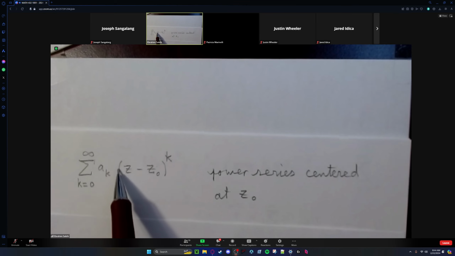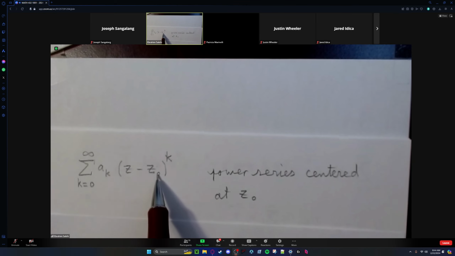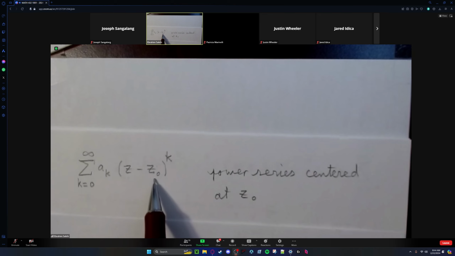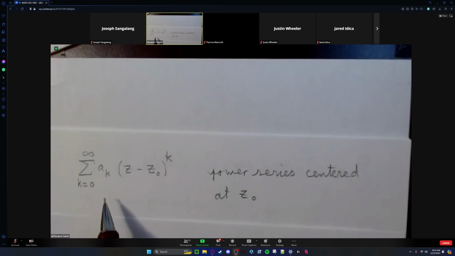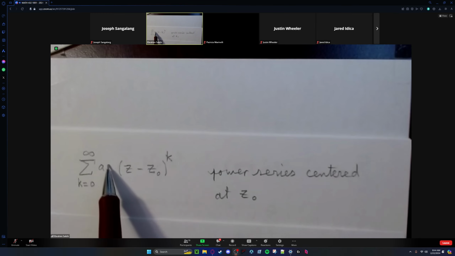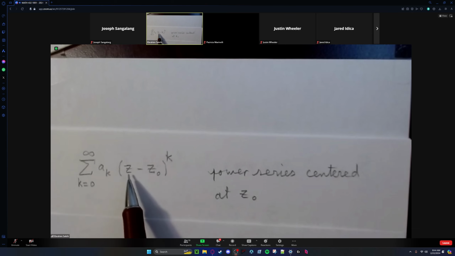If it is in the form of powers of z minus z naught, z naught is called the center. The power series has center z naught, all right? z naught is fixed, and this is also fixed. The question is, for what values of z is this series going to converge? That's the main thing.